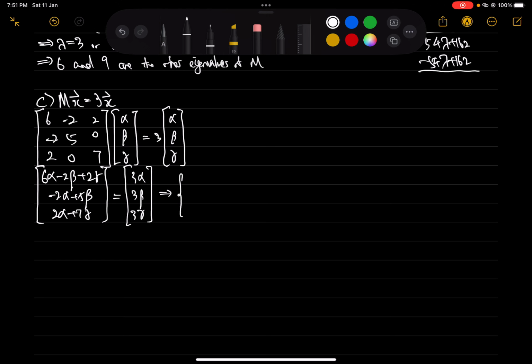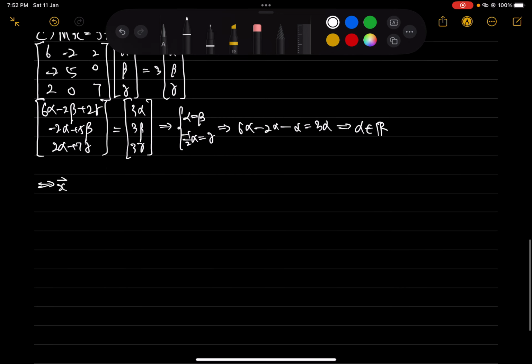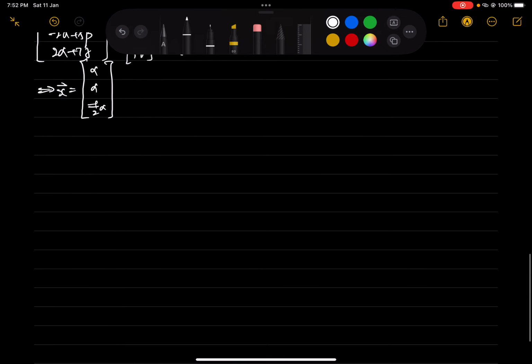Which implies alpha is equal to beta, and negative 1 over 2 alpha is gamma, which implies 6 alpha minus 2 alpha minus alpha is 3 alpha, which implies alpha can be any real number, which implies x can be the following combinations, and which means we need the modulus of x.